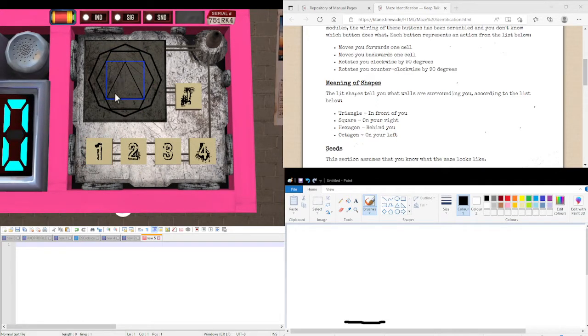The walls didn't change, so I assume we probably rotated there. So now it's a square. It went from being behind us to on our right, meaning the 1 rotates us clockwise. Okay, we see here, we get back to facing upwards.